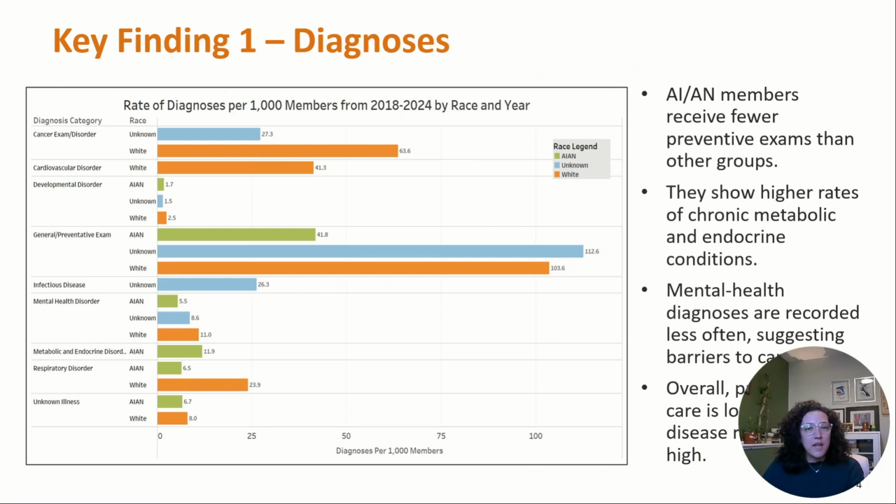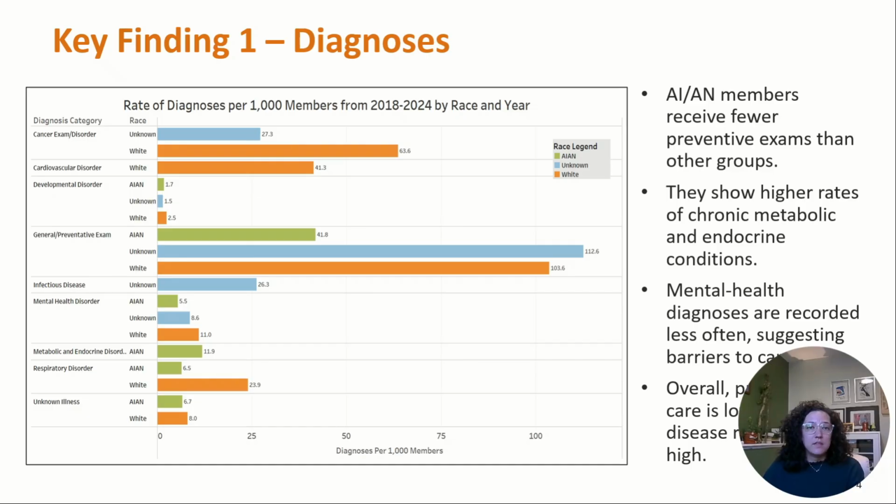Our first takeaway was around preventive care. You'll see from this slide that American Indian and Alaska Native residents had fewer preventive visits and screenings documented, but higher rates of chronic illnesses, things like diabetes and thyroid disorders.